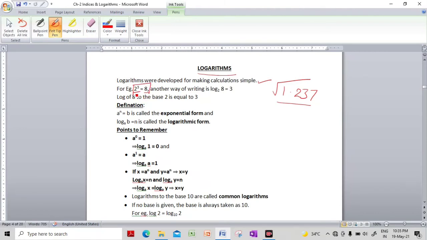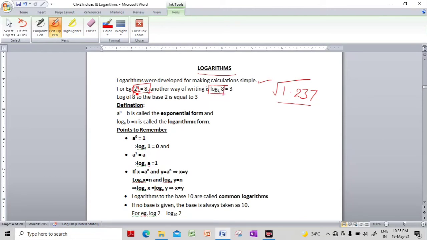Here, 2 is the base. So when we write it in the form of logarithm, we write log base 2.